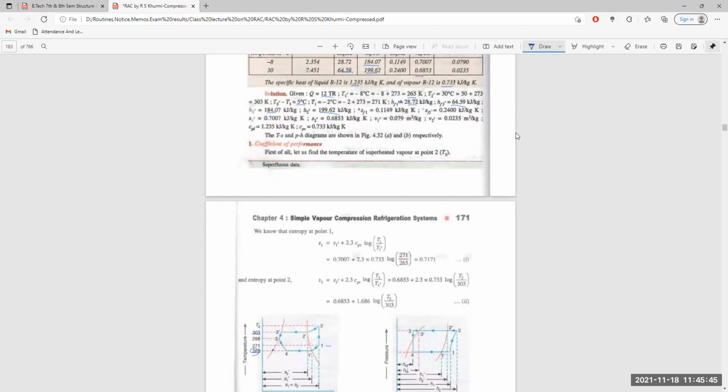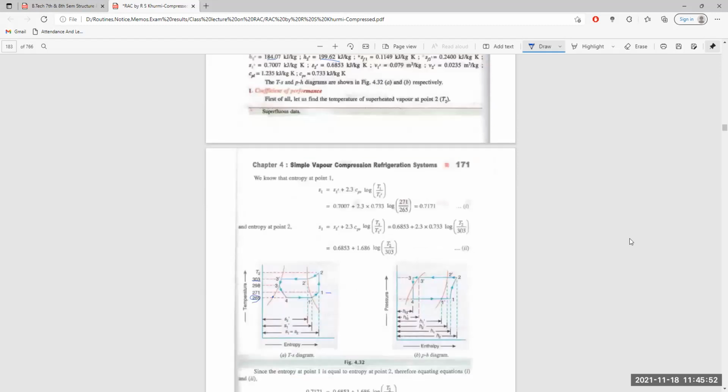Now we have to calculate the entropy at point 1 itself. Entropy at point 1, S1, is given as S1 dash plus 2.3 times the specific heat of the vapor refrigerant multiplied by log of T1 to T1 dash, divided by T1 dash, where T1 dash is the lower temperature and T1 is the higher temperature.